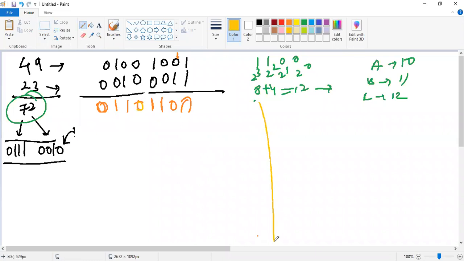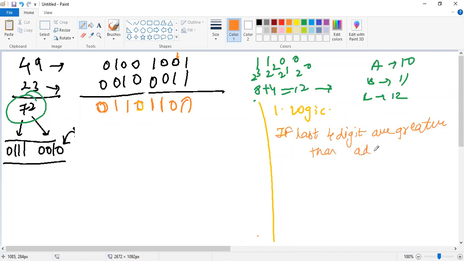See, the first logic is what? If the last four digits are greater than 9, then add 6.